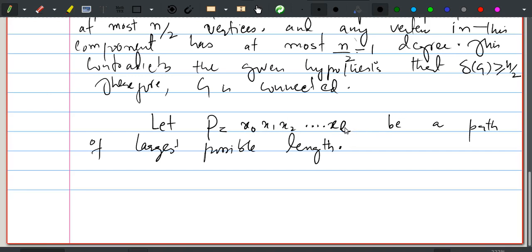So L is either equal to n minus 1 or less than n minus 1, because a path with n vertices has length n minus 1. Here we have L plus 1 vertices, so the length of this path is L, and this L is less or equal to n minus 1.